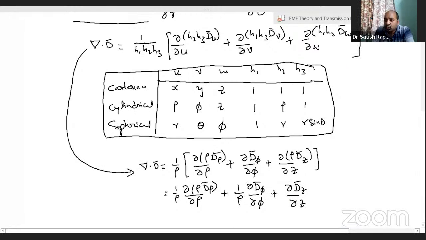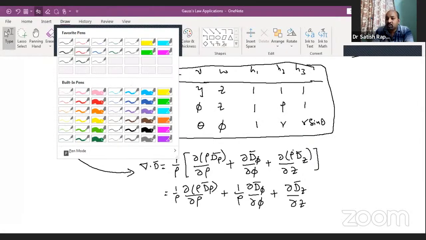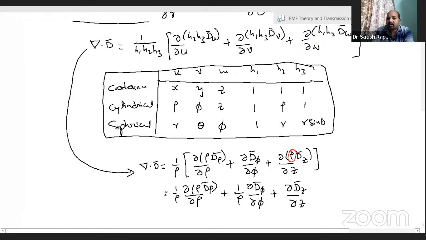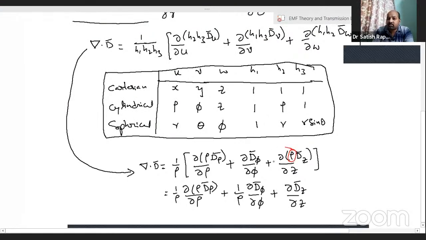Because here rho is a constant, it can be taken outside.